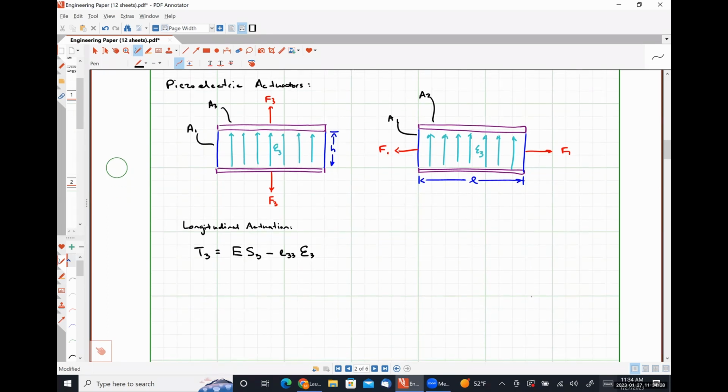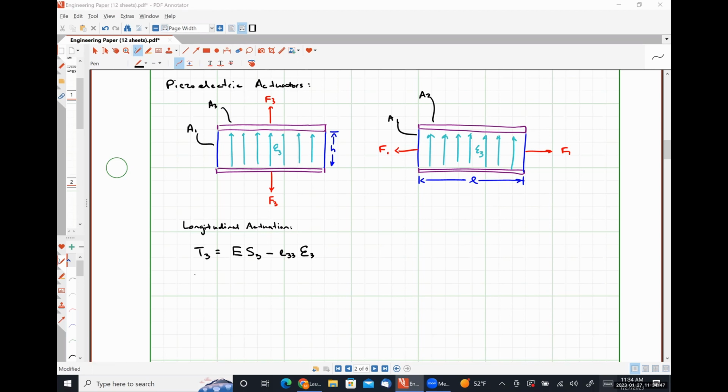Right? So what if we allow our transducer here to freely deform? Right, no stress. So T will be equal to 0, okay?